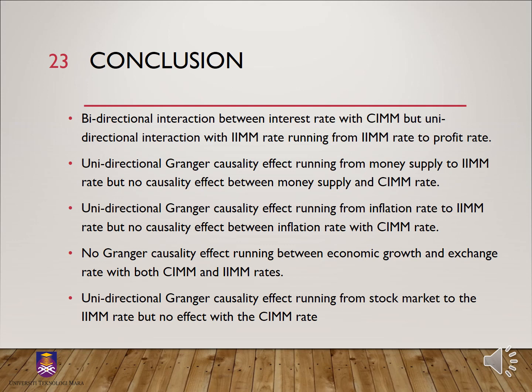So the causality effects between the interest rate and the profit rate and the interbank rates are considered as an important addition to the existing body of knowledge in this area, particularly in Malaysia scenarios.